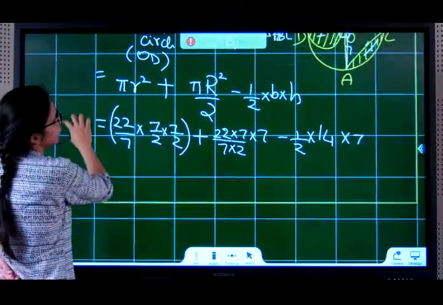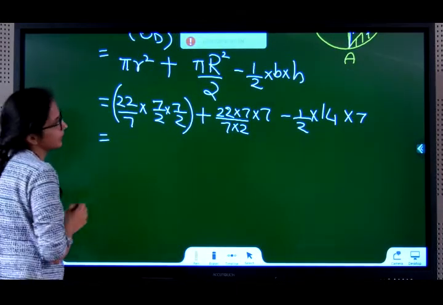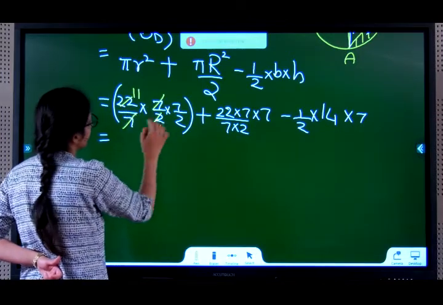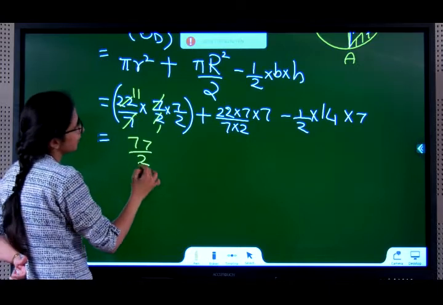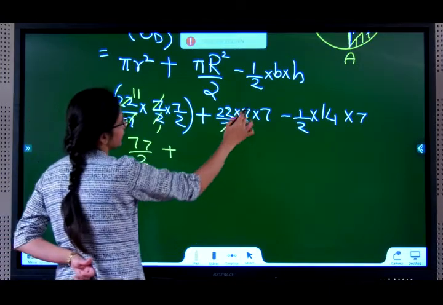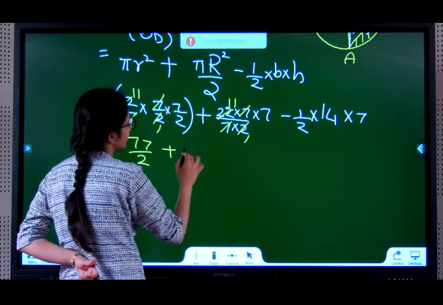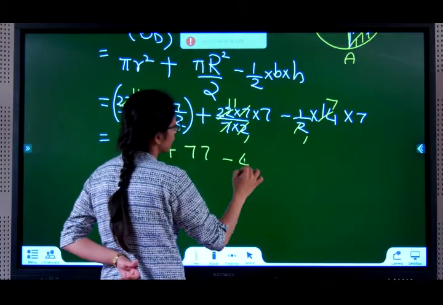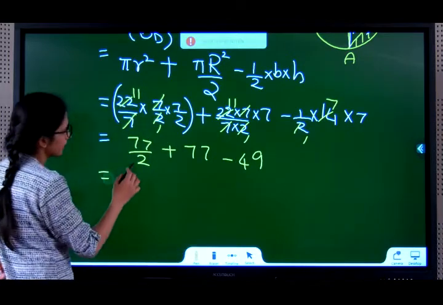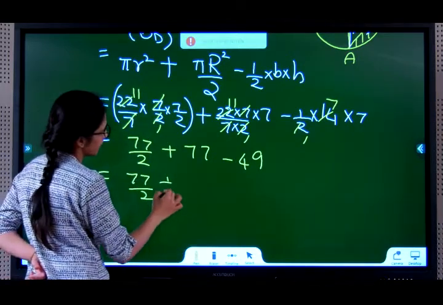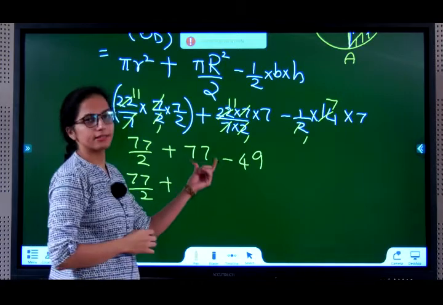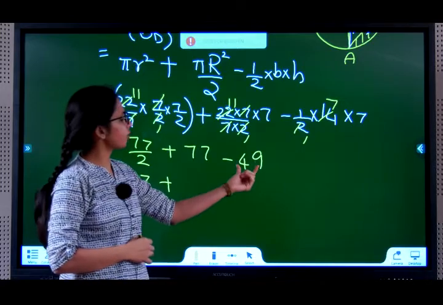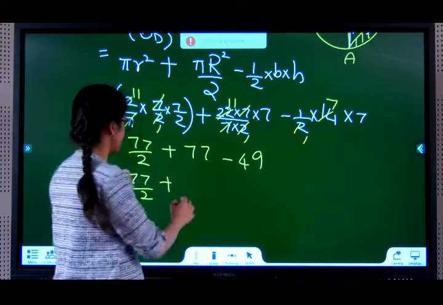Yes. Solving this, we get 7 7 cancel, 1s are 11, 11 into 7 is 77, 77 by 2 plus 7 7 cancel, 1s are 11, 11 into 7 is 77, minus 7 7s are 49. So we therefore get 77 by 2 plus 77 minus 49. 77 minus 40 is 37, 37 minus 9 is 28.